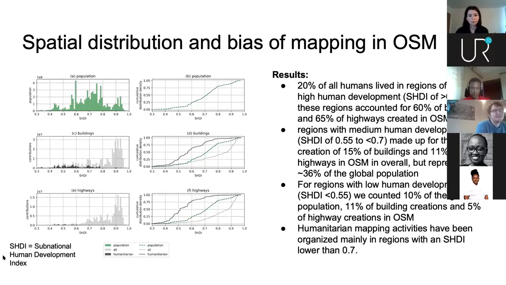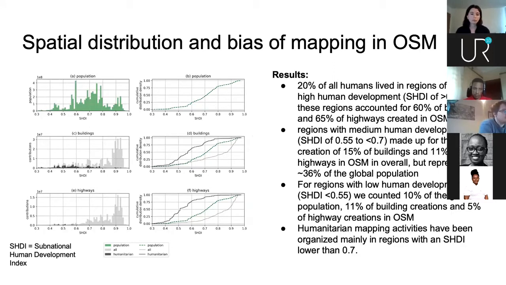All right, let's jump to the next slide now, because it's great to see that there is an impact in some regions, but there's still a problem statement here. And we can maybe start at the top left there. We take a look at the global population distribution, and you see that SHDI is the Subnational Human Development Index. You see population is distributed in a way that, okay, maybe most people live somewhere in a region that has a SHDI of lower than 0.8.